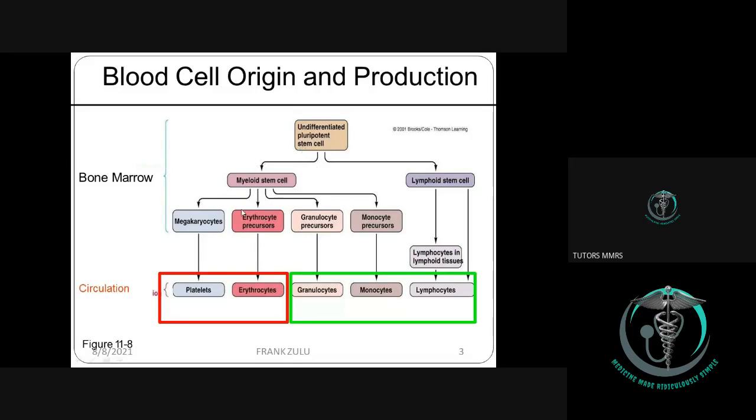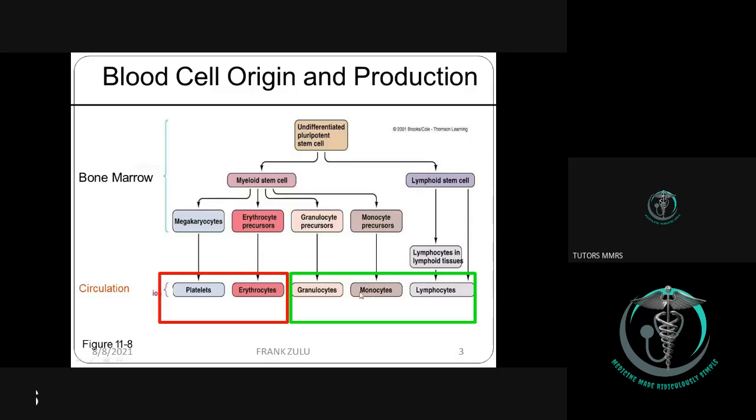You can have an idea of how white blood cells are produced, but I think that is more of immunology than physiology. So in immunology, you will have to remember how all these granulocytes and lymphocytes are made. For us, what we want you to remember in physiology is very importantly the red blood cells, and then these other white blood cells.